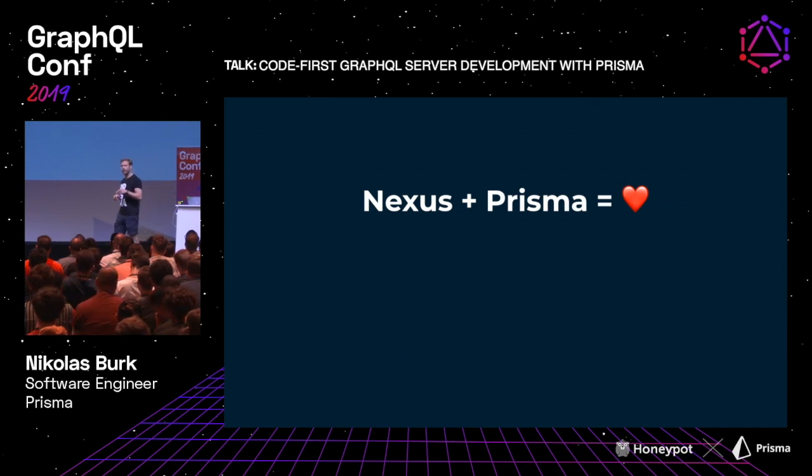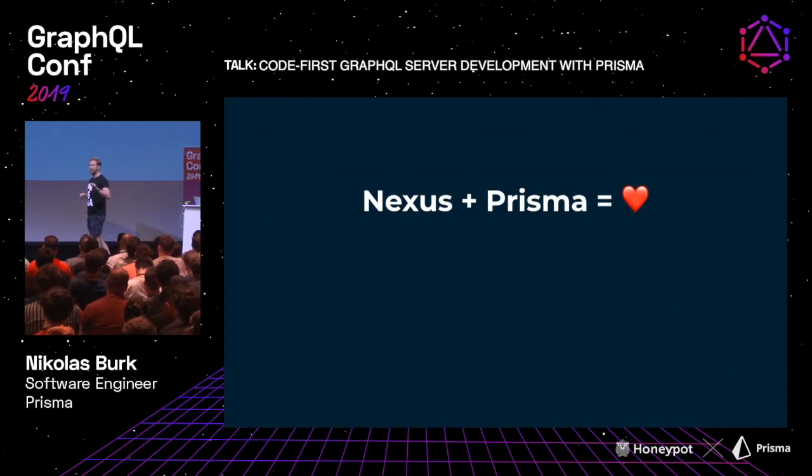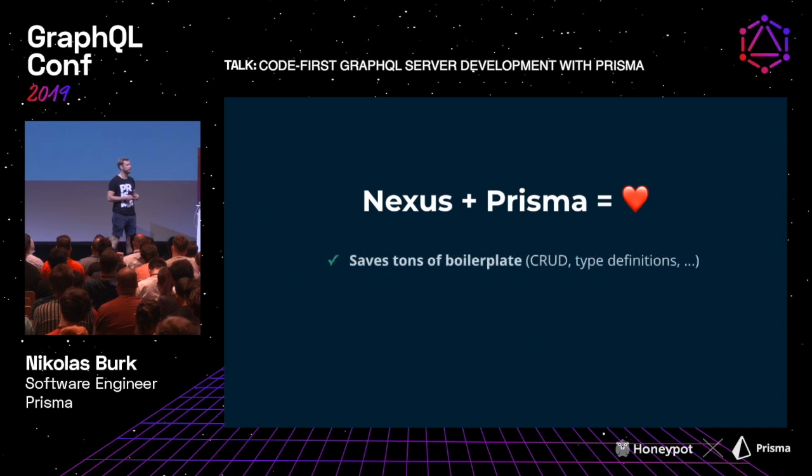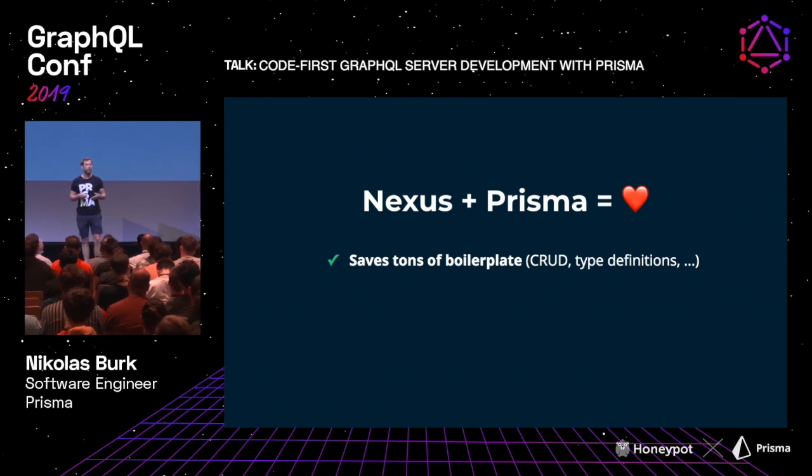So Tim Greiser introduced Nexus yesterday. I'll build upon that by explaining how Prisma actually integrates with Nexus. So when you're using Nexus and Prisma together, the first thing that you'll notice is that you'll save a whole lot of boilerplate code that you would have to write otherwise inside your resolver function to access a database.